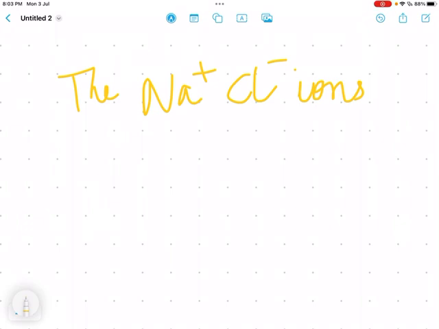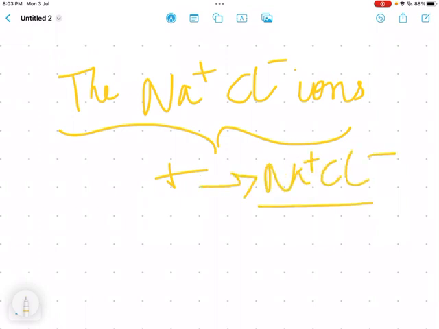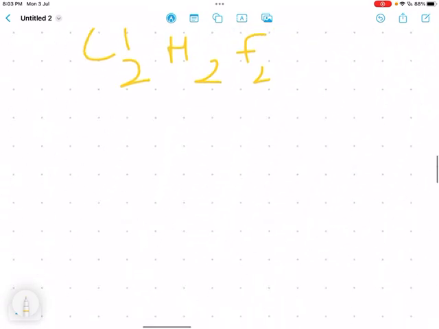We learned in class 10 about Na plus and Cl minus ions. In the case of Cl2, H2, F2, etc., the bond is formed by sharing of a pair of electrons, not only one electron.